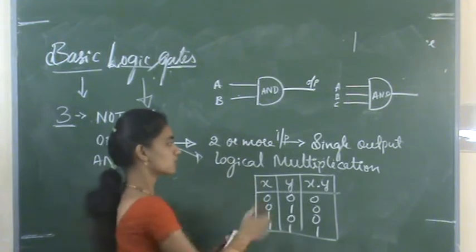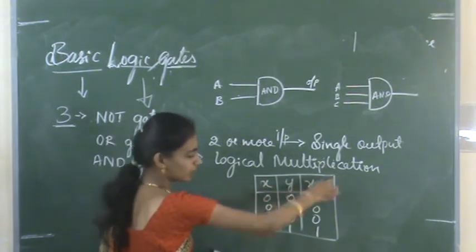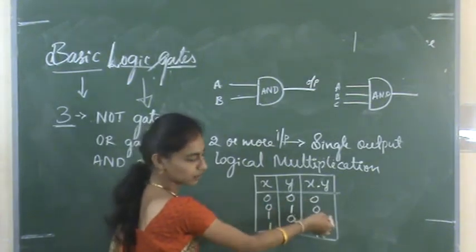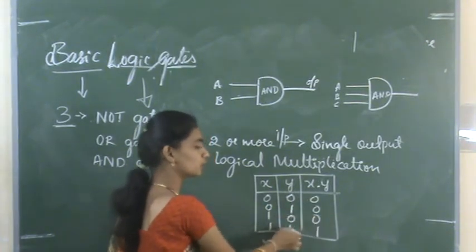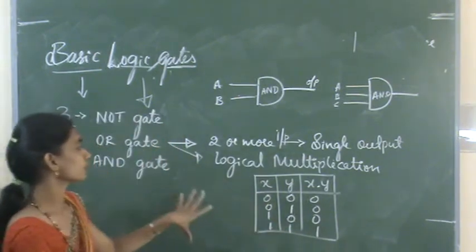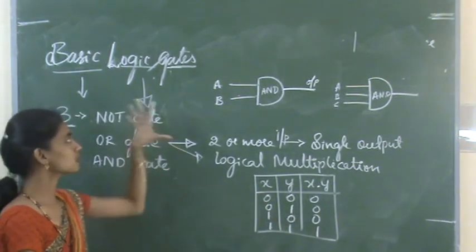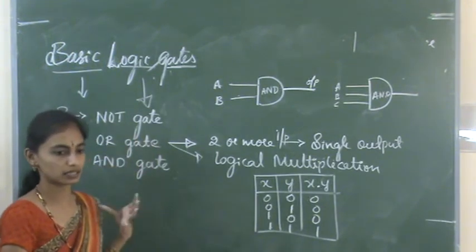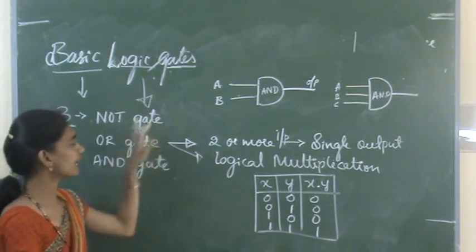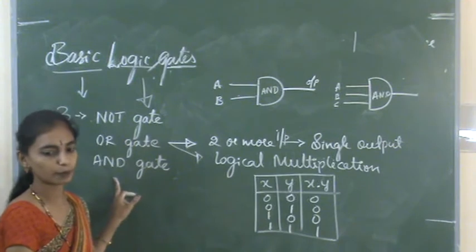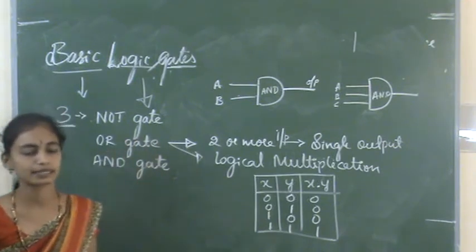Logical multiplication means multiply 0 into 0 is 0, 0 into 1 is 0, 1 into 0 is 0, 1 into 1 is 1. Likewise, we have to represent these gates. So this is about basic logic gates. We have 3 gates: NOT gate, OR gate, and AND gate.